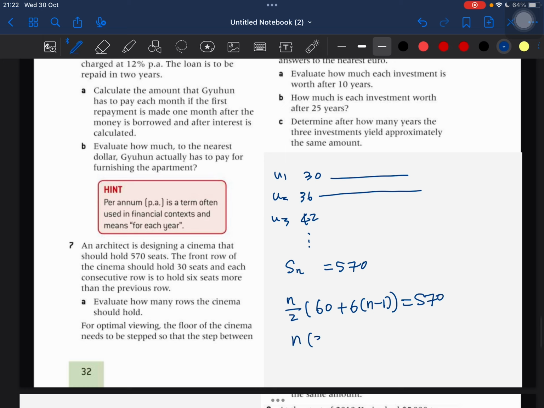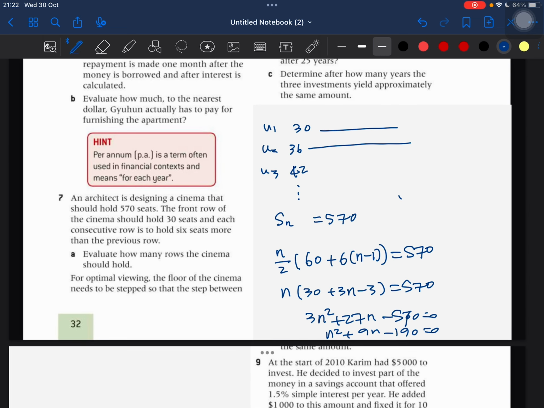So n times (30 plus 3 times (n minus 1)) equals 570. 3n squared plus 27n minus 570, so n squared plus 9n minus 190. So this is 10 and 19. So (n plus 19)(n minus 10) equals 0. So n should be 10. So we need 10 rows of chairs to make 570 seats.